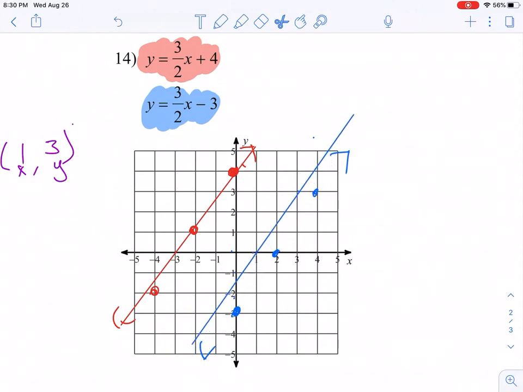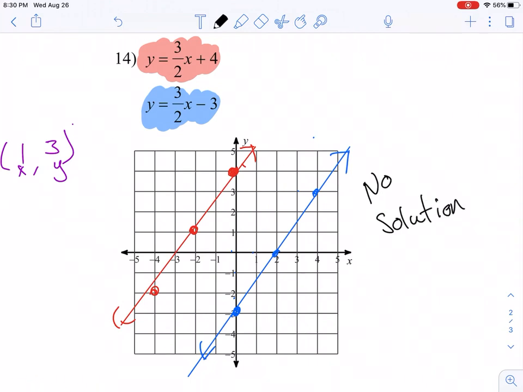So our lines match up. Because they are parallel, there is no purple point. They do not cross. So there is no solution to this set of equations, to this system.